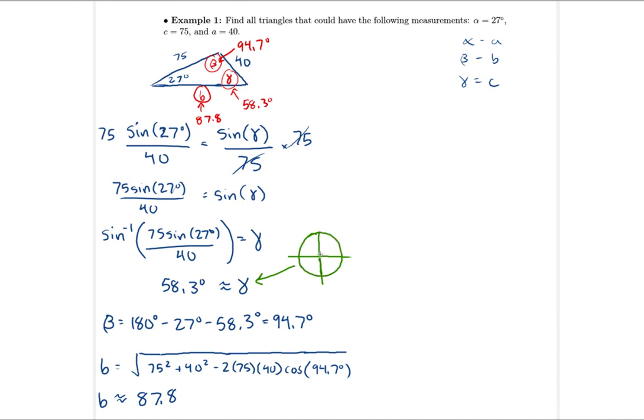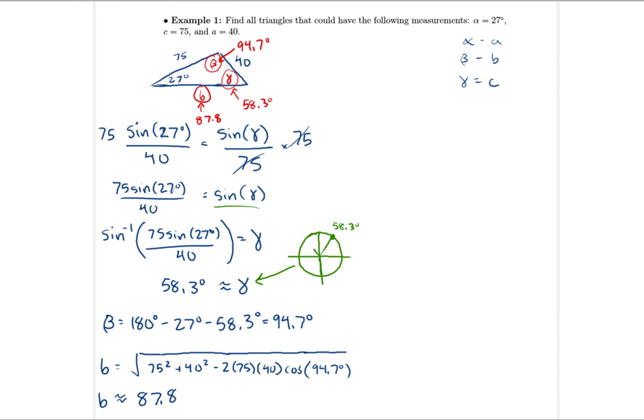So 58.3 degrees is right about there. Remember, what got us 58.3 degrees was the idea that the sine of gamma has to equal this number. But we know that on the unit circle, there are two places where you will have the same sine value.